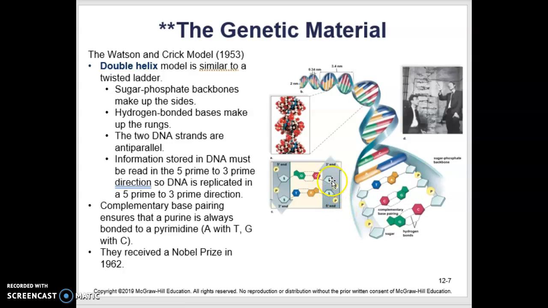And they're actually opposite, so this one would be sugar, phosphate, sugar, phosphate. And then the rungs of the ladder are those chemicals we were talking about, the bases: adenine and thymine, which go together, and guanine and cytosine, which go together. And that explains why every time there was a guanine, there was a cytosine, so they'd be the same percentage.